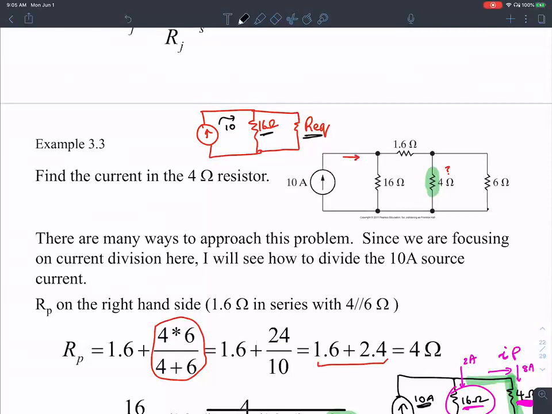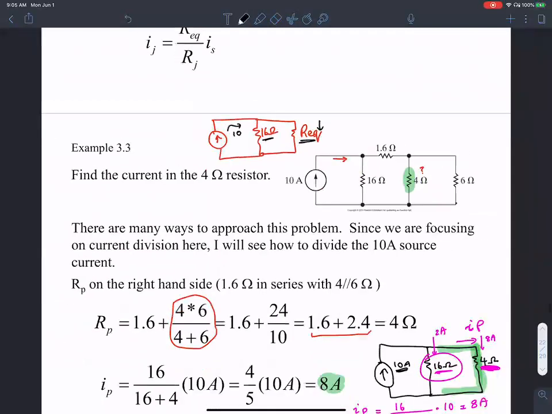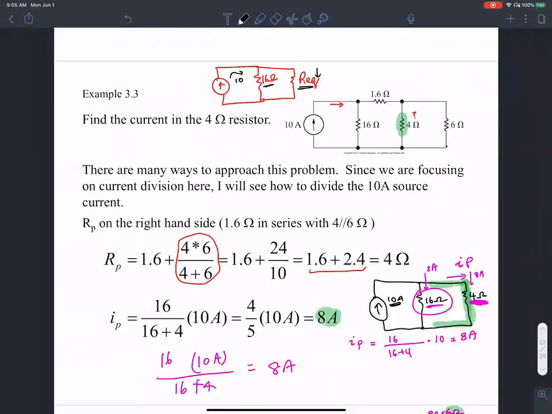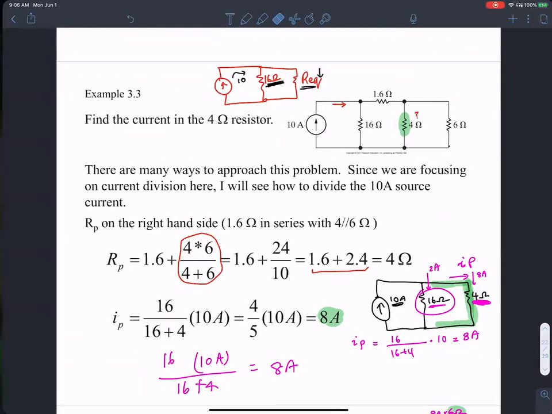To find the current through R equivalent, I use current division and take the other resistance, 16, over 16 plus 4, which comes out to be 8 amperes.